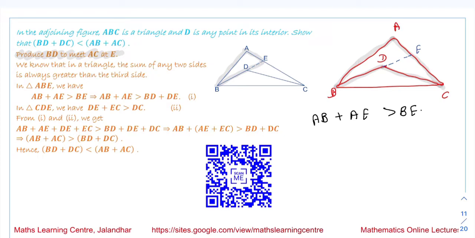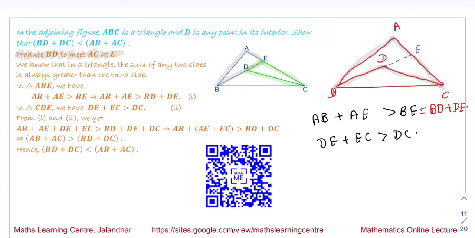Now BE, we can write it equal to BD plus DE. Now if we consider another triangle, the triangle CDE, in this triangle we have DE plus EC is greater than DC.